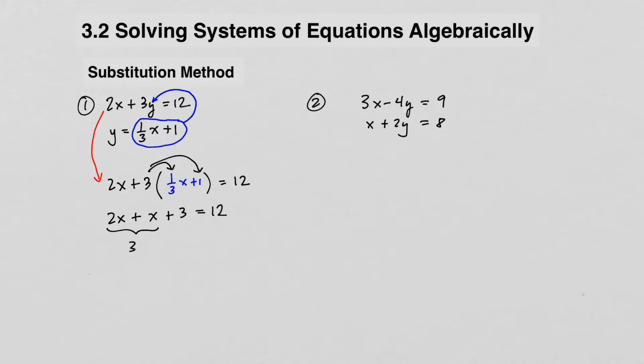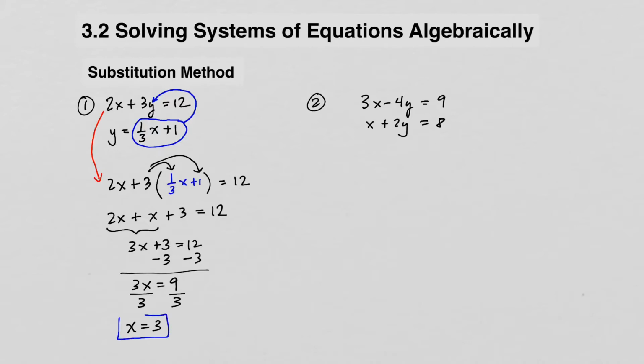Combine like terms, that's 3x plus 3 equals 12. Subtract 3 from both sides, and this gives us 3x is equal to 9. And finally, if we divide both sides by 3, we get x is equal to 3.